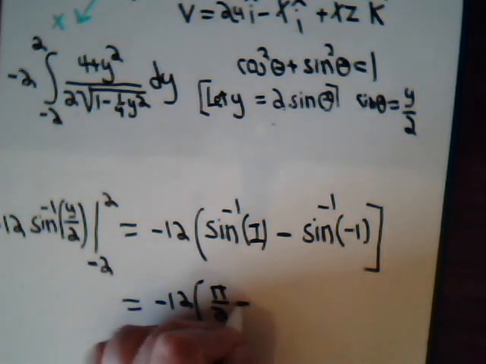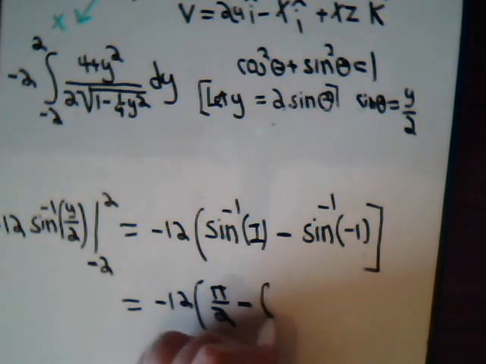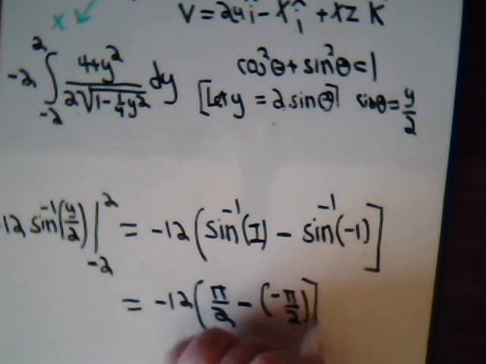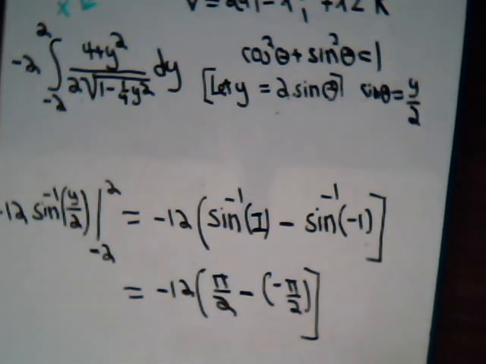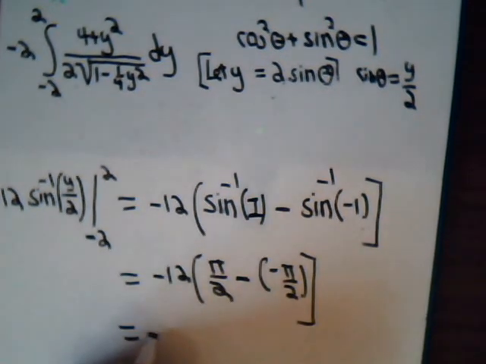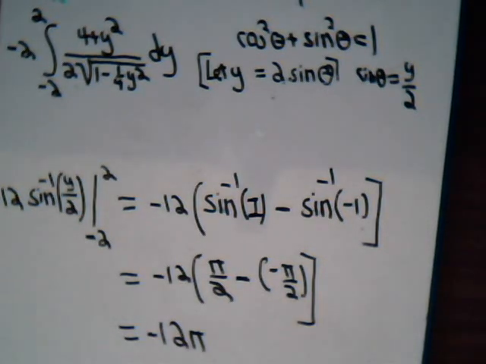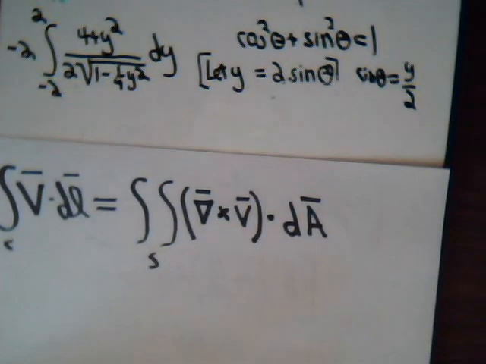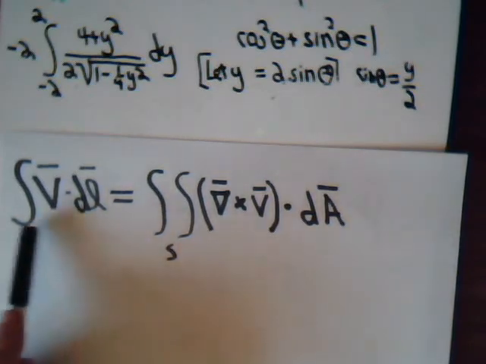So we have minus, and this is minus pi over 2. Or this would be pi over 2 plus pi over 2 is pi, times minus 12. This equals minus 12 times pi. So finally, there's our answer. It took a while to get it, but that is what the line integral is equal to.